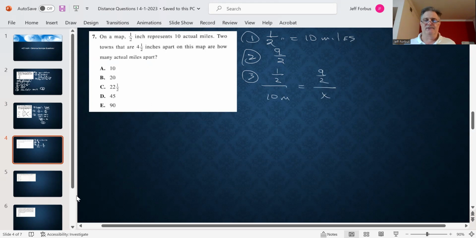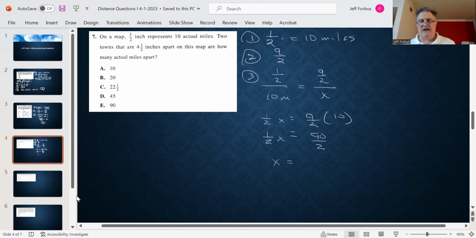Now, we can do our math, right? So we're going to say 1/2 times X is equal to 9/2 times 10. So that's going to be 90, rewritten as 90 over 2 is equal to 1/2 X. Now we're going to divide 90/2 by 1/2.